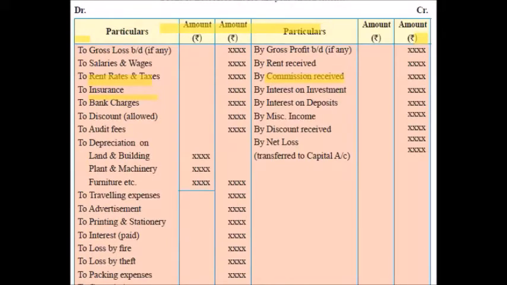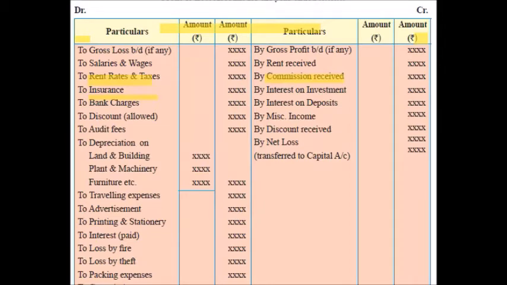Now we'll see the entries of the credit side of a profit and loss account. Gross profit brought down, transferred from the trading account. Next are rent received, commission received, interest on investment, interest on deposits, miscellaneous income, discount received. These are the indirect incomes of the business and come under the credit side of the P&L account.